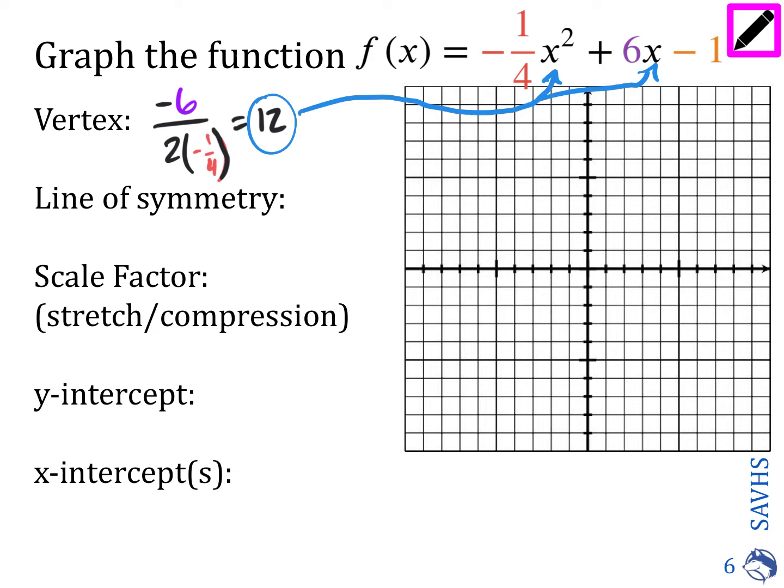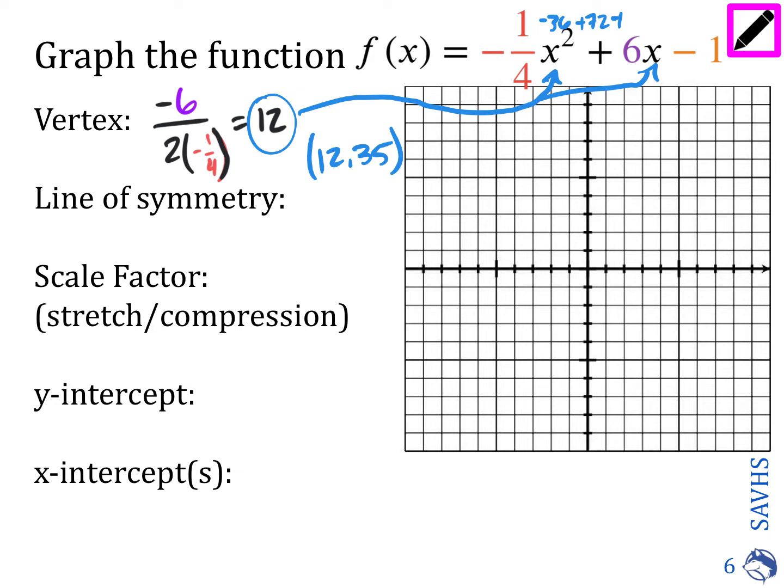So now I get negative 36, and then plus 12 times 6 is 72, and then minus 1. Okay, so my answer here is negative 36 plus 72 plus negative 1, which is 35. So my vertex is 12, 35.